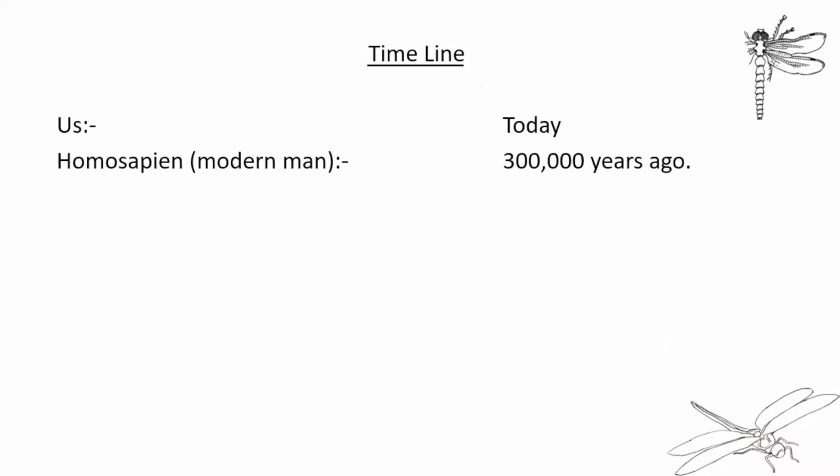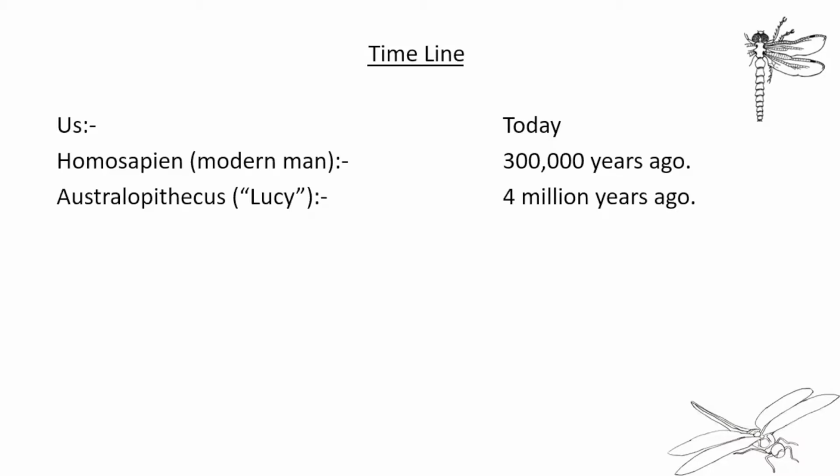So let's have a look first at Homo sapiens, the modern man, us. We've been around for about 3,000 years. No, 300,000, sorry, years. Quite a while, we've had time to develop. Australopithecus is 4 million years. Australopithecus is roughly one of the ancestors that we divide off from.